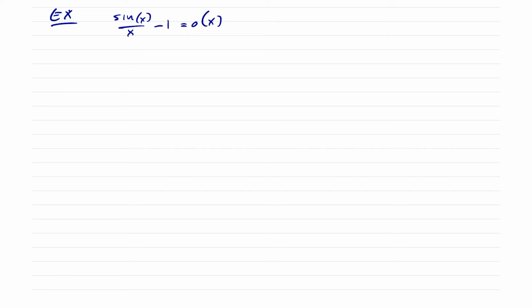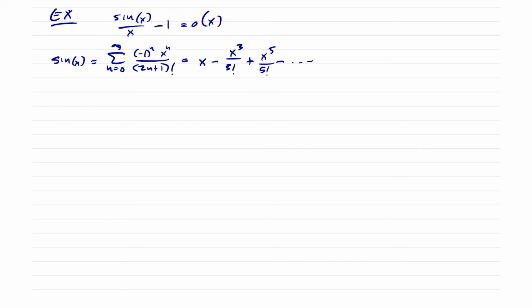Probably the easiest way to see this is to replace sine of x with its power series: the sum from n equals 0 to infinity of -1 to the n, x to the 2n plus 1 over 2n plus 1 factorial. This is x minus x cubed over 3 factorial plus x to the 5th over 5 factorial minus etc.